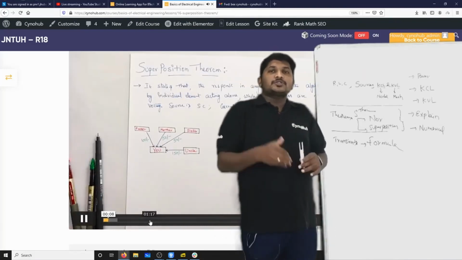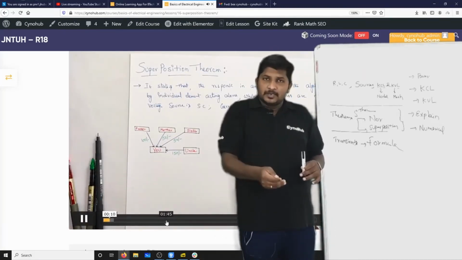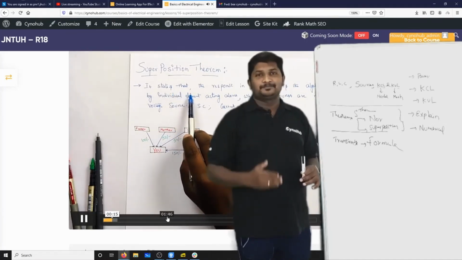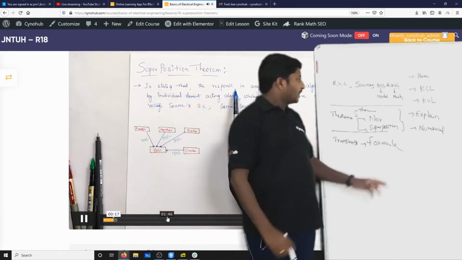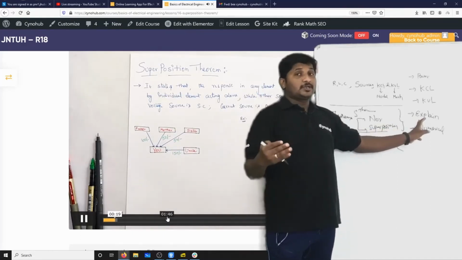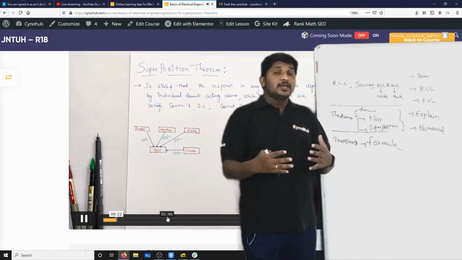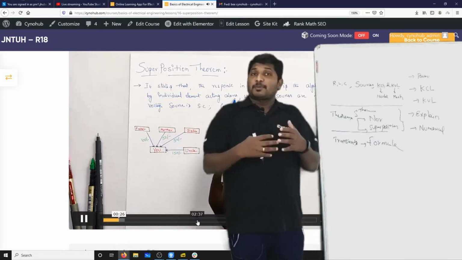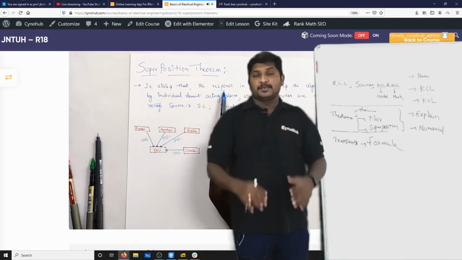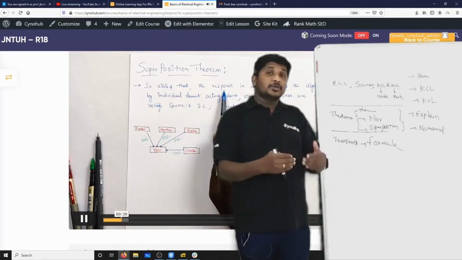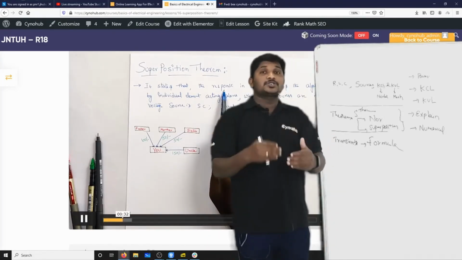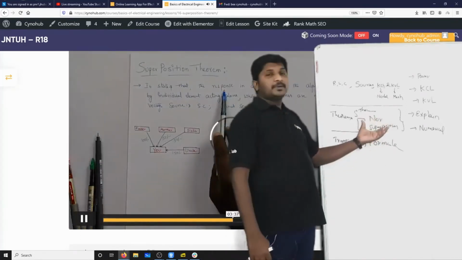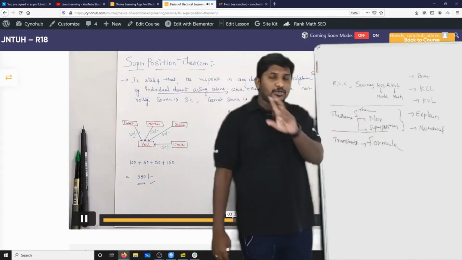That means you have to study the theory of the theorem and practice 1 or 2 examples of that theorem. First, the theory question: explain superposition theorem with an example, or explain Thevenin's theorem with an example. Another model is they will give one circuit and ask you to find some current or voltage by using a particular theorem. That is part 2.